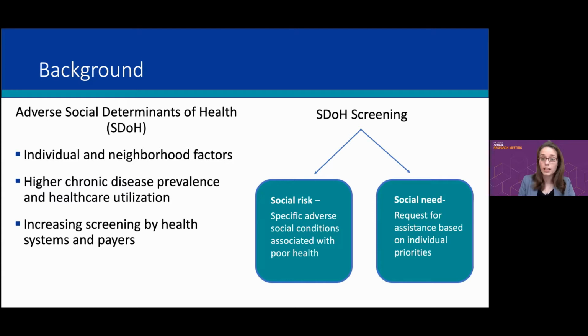So there has been increasing interest both by health systems and payers, particularly in the public sector, to screen patients for social determinants of health in order to more effectively address these factors. In a social determinants of health screening, that can include two categories. It can include screening for social risk or the specific adverse social conditions associated with poor health.